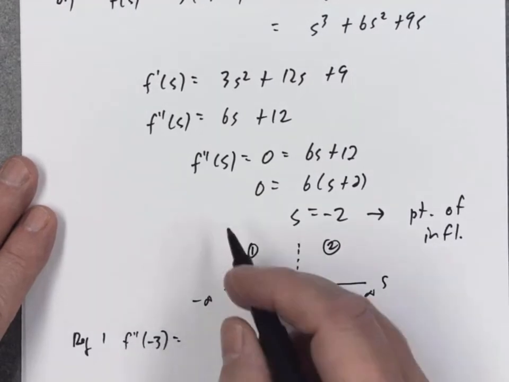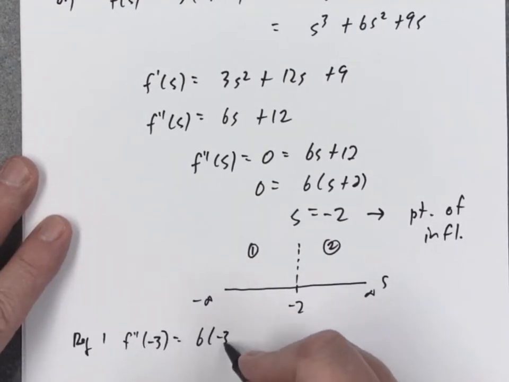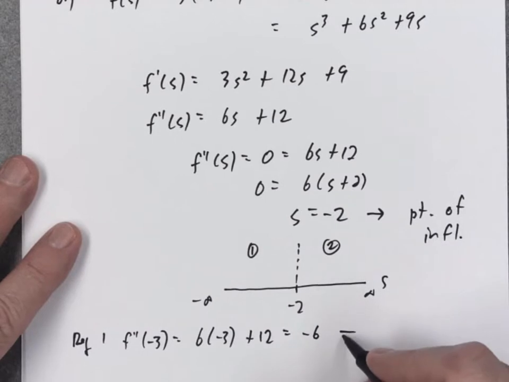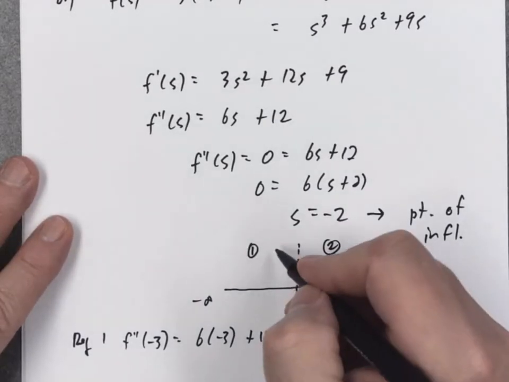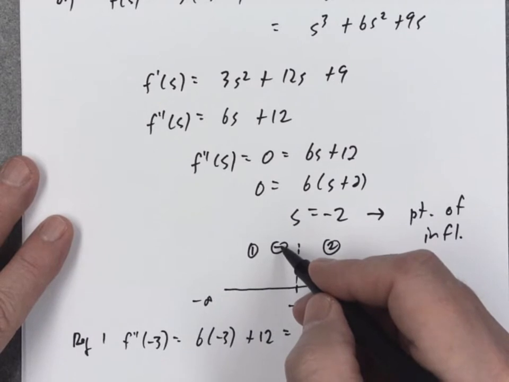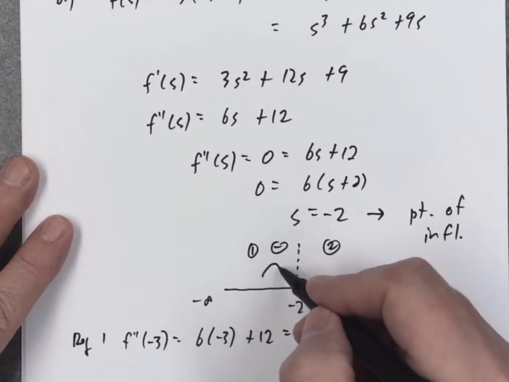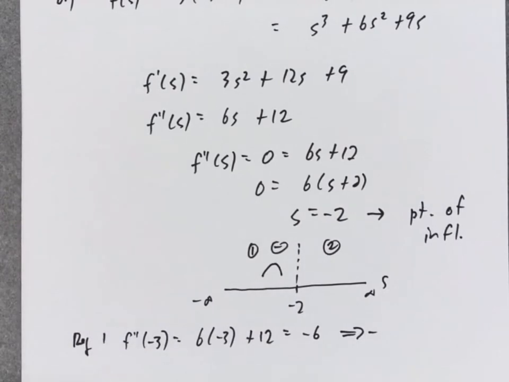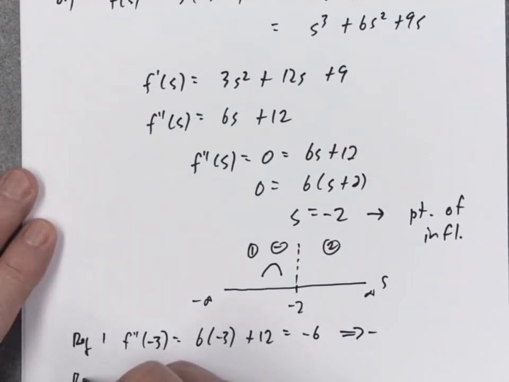So I plug in -3 for s. 6 times -3 plus 12. This is -18 plus 12, which is -6. Region 1 is a negative region. Negative second derivative means concave down, right? A negative person frowns, concave down.